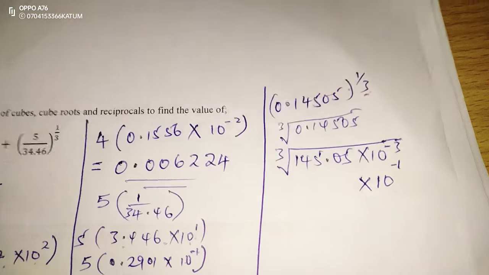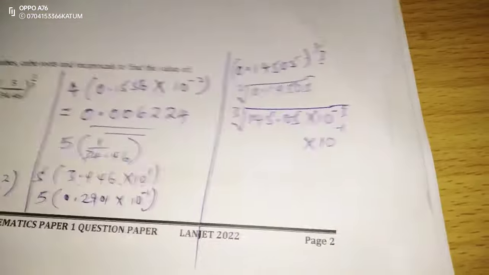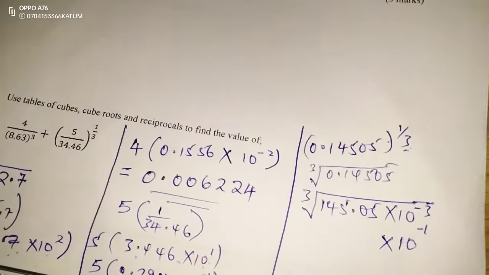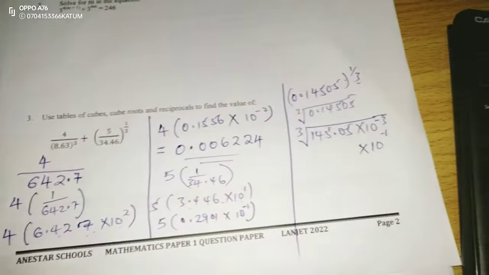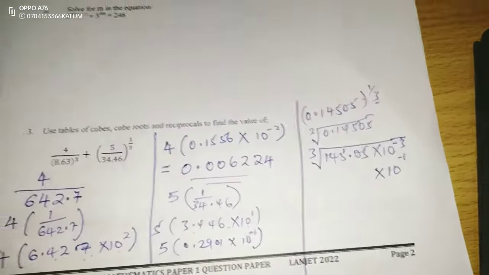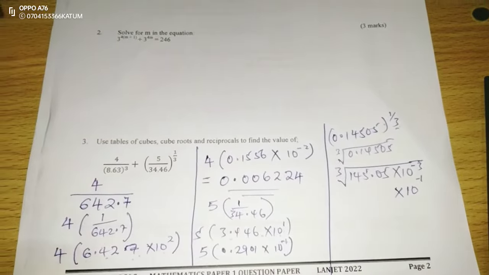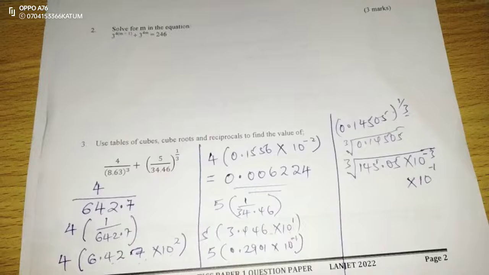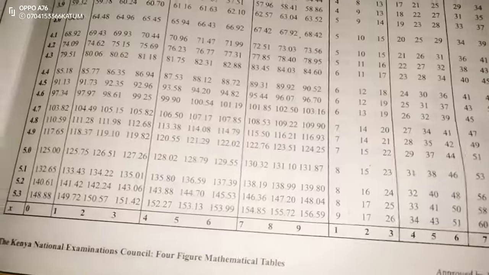Then on the other side, where we have 145.05, now that we don't have cube root tables, we go to the cube tables and we look for the number which, when cubed, gives us 145.05.